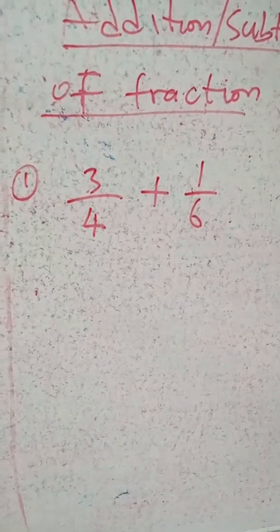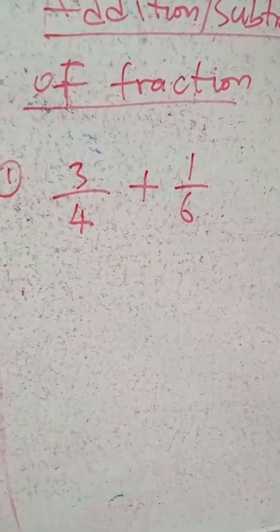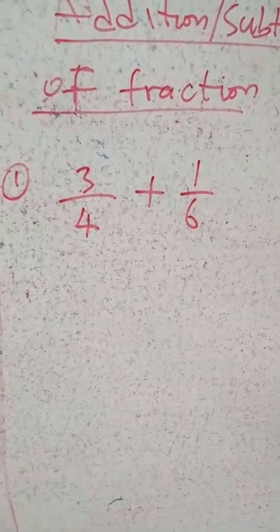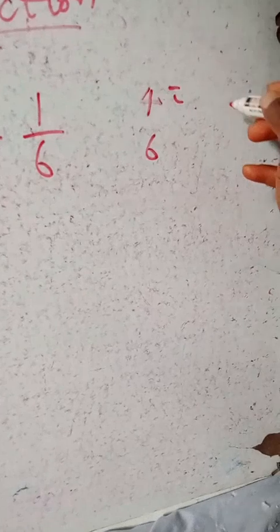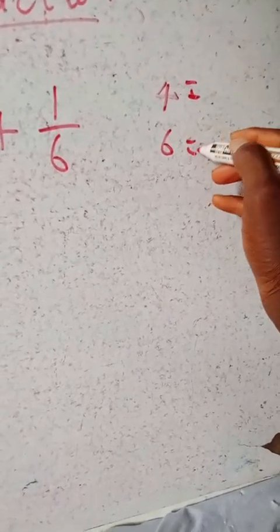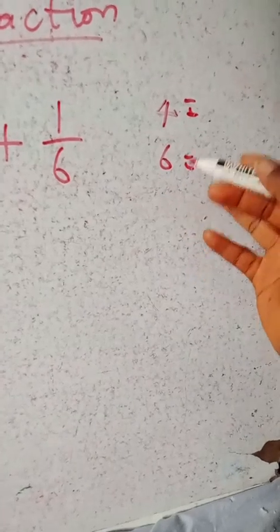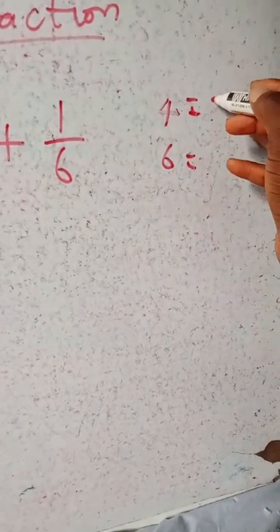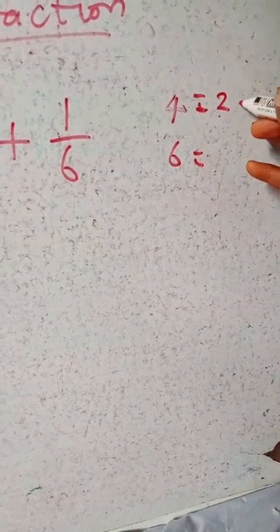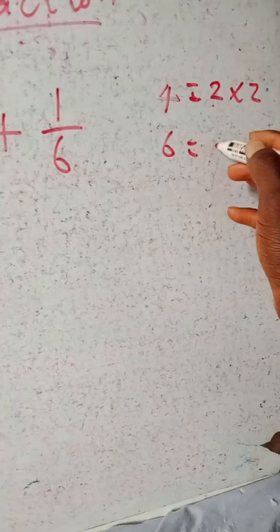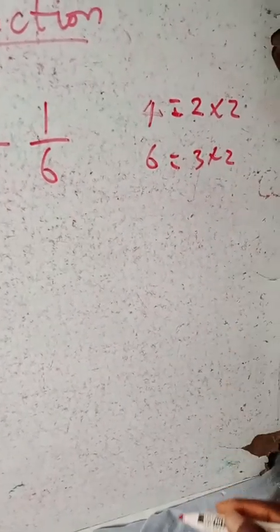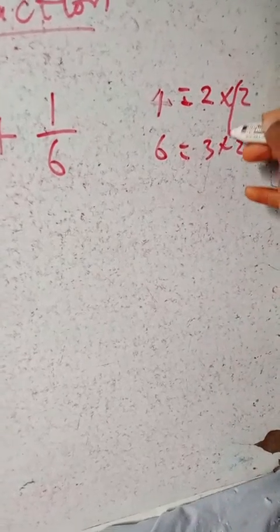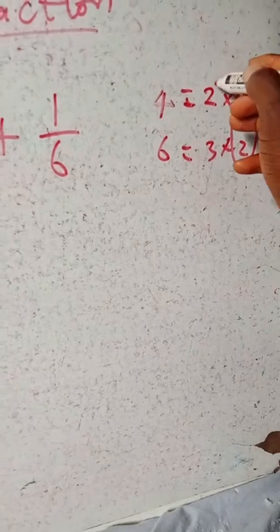So I told you how to find LCM in our previous class. I told you that you are going to write these numbers like this. So this is 4, this is 6. We want to look for the LCM of 4 and 6. I told you that you will say 2 times 2 is 4. What about 6? 3 times 2 is 6. So 2 and 2 is common here. This 2 is not common.